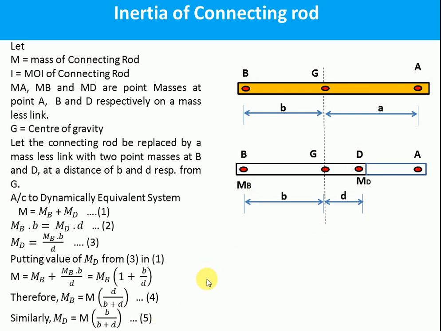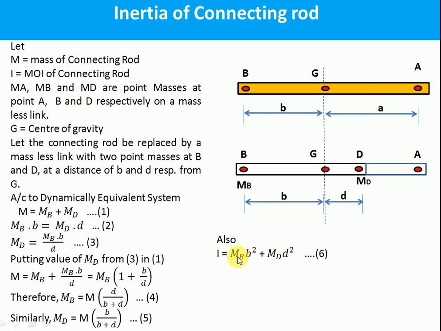Put the values of MB and MD in, say, third condition, that is I is equal to MB into b square plus MD into d square, where I is the moment of inertia of the connecting rod.